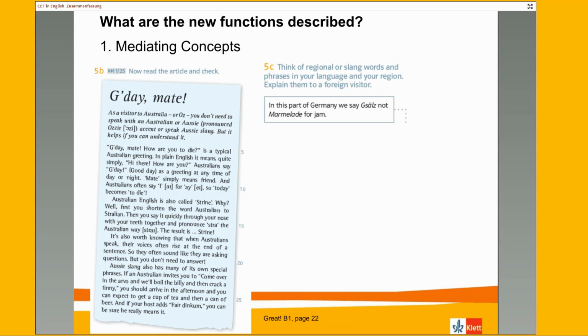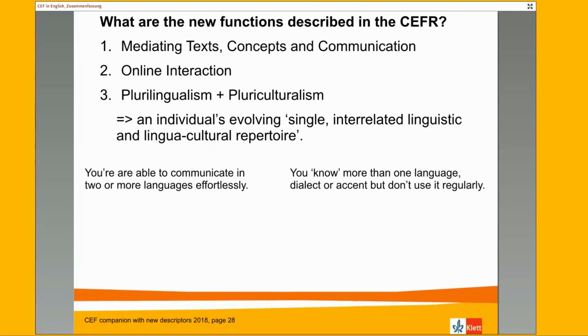The task that I've shown you here, 5C, that follows the text, think of regional or slang words and phrases in your language, in your region, and explain them to a foreign visitor. So this is a task that doesn't explicitly say we are practicing mediating concepts here, but that's what it actually does. And mediating communication is what I'm going to talk about now.